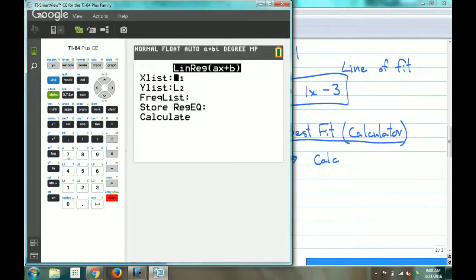And that's really handy to find in like a statistics class where you're going to actually use that equation to do something else with it. So storing it allows you to graph it without rounding at all. We're going to round it anyway because that's how I want you to tell me what the equation is. So what we need is to arrow down to calculate and tell it to spit that thing out.